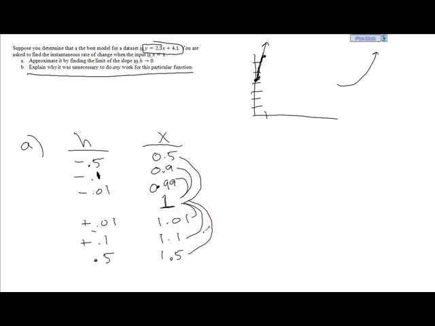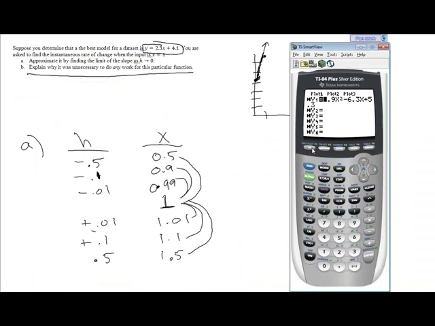And we can, as always, choose to go ahead and put this into our y equals screen, and we'll do 2.3x plus 4.1.